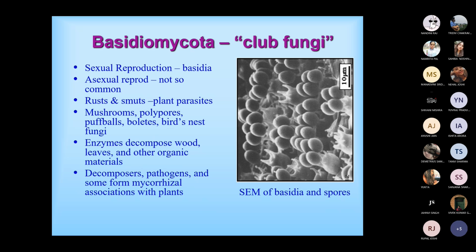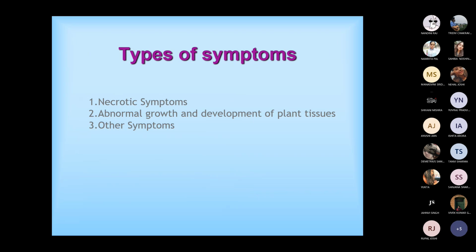They cause a lot of diseases such as rust and smuts, acting as plant pathogens. Mushrooms also come under the Basidiomycota, and they are decomposers, pathogens, and some form mycorrhizal associations with plants. So this was just an overview of fungi.